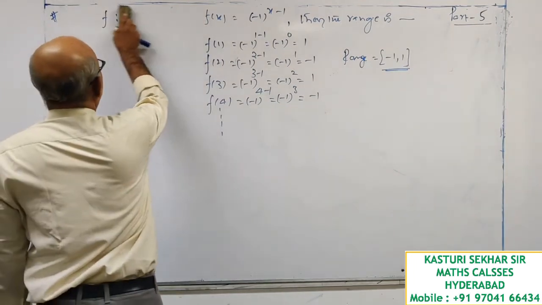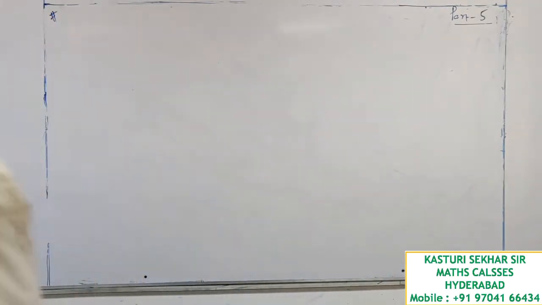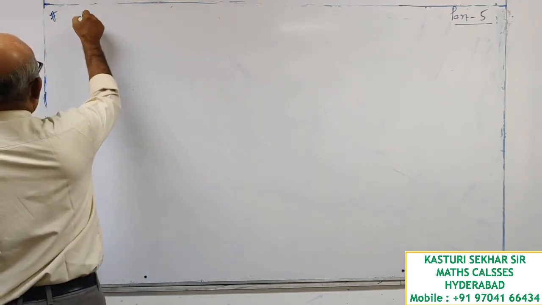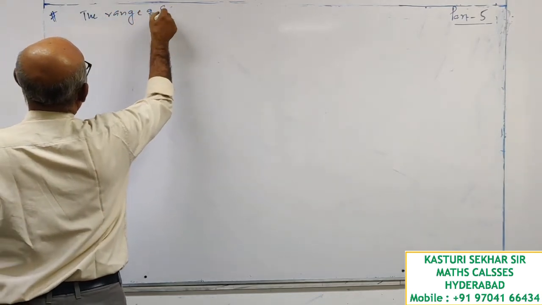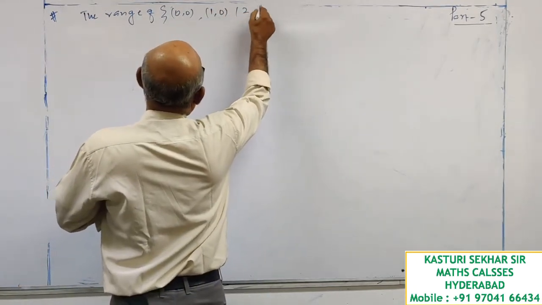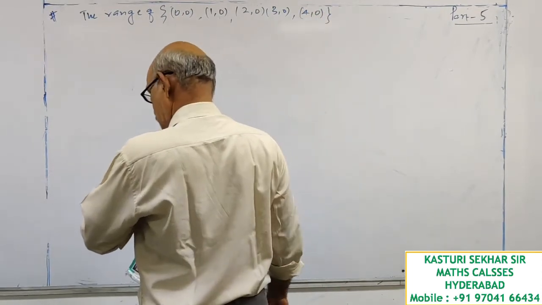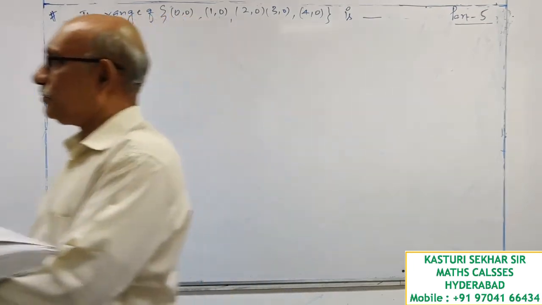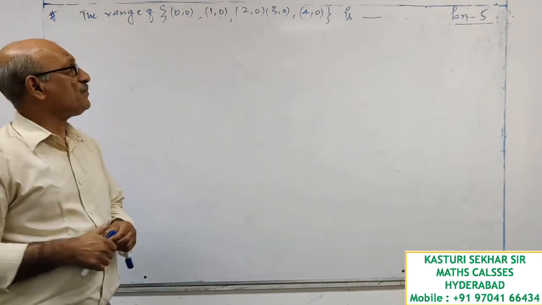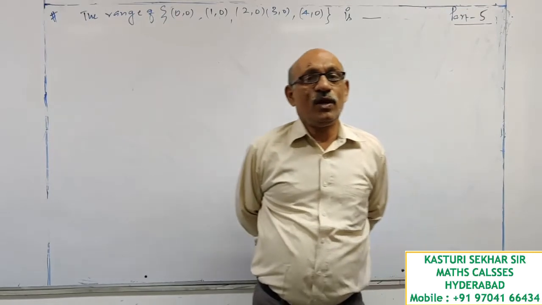Next question. The range of (0,0), (1,0), (2,0), (3,0), (4,0) is... When a problem is given in this manner, first of all, you must know what is input and what is output.